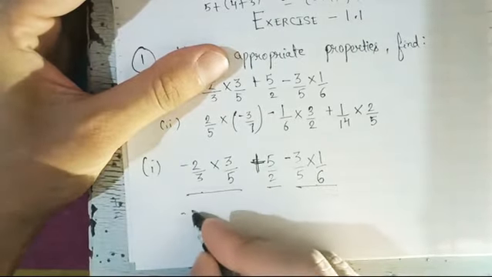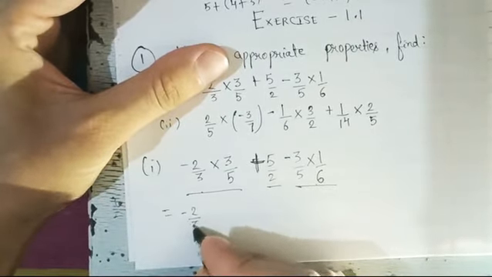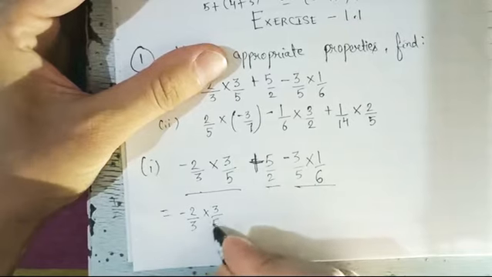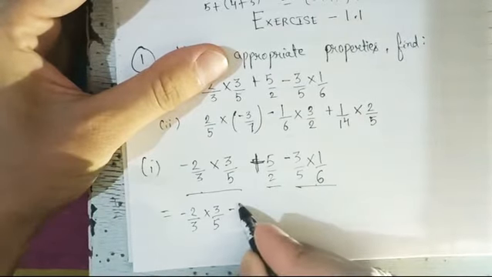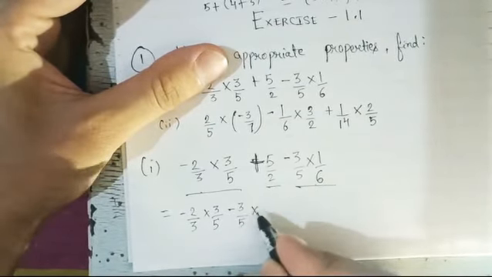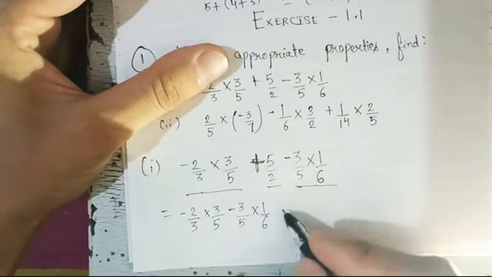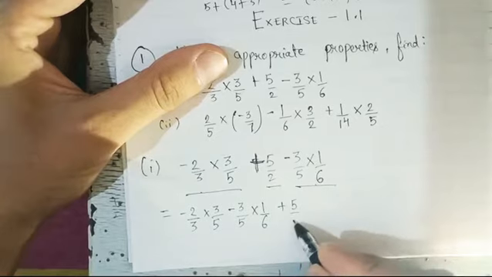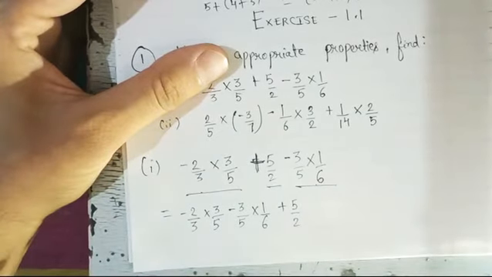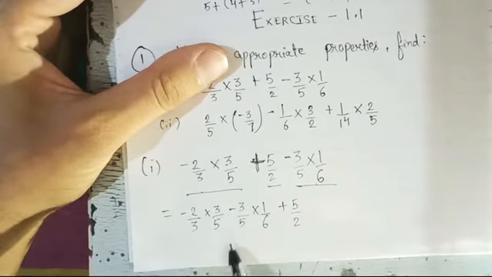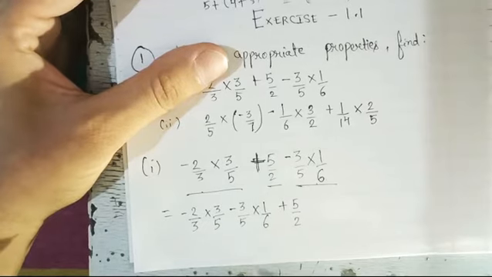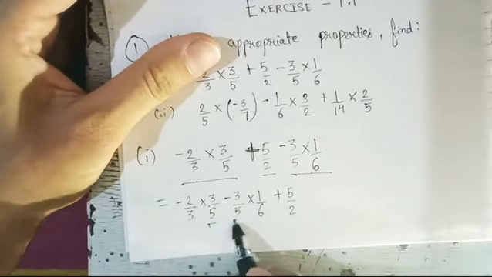So first of all, minus 2 upon 3 multiplied with 3 upon 5 minus 3 upon 5 multiplied with 1 upon 6, and 5 upon 2 will be the third term. Now look at the common values given there. Is there any common value which we can take common? So we can take common 3 upon 5.